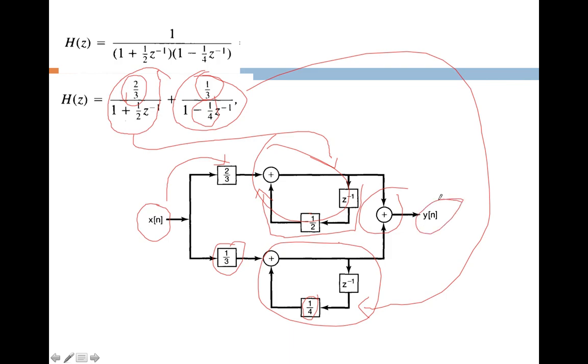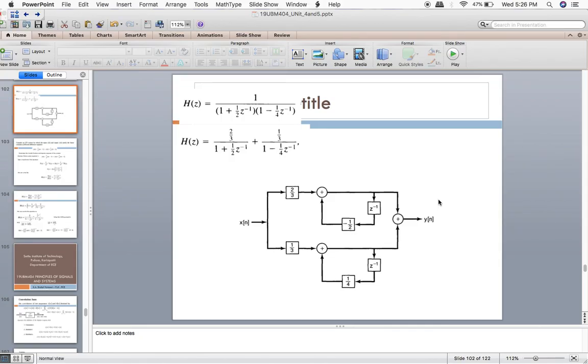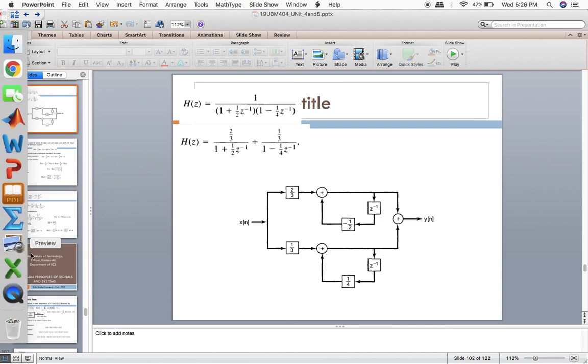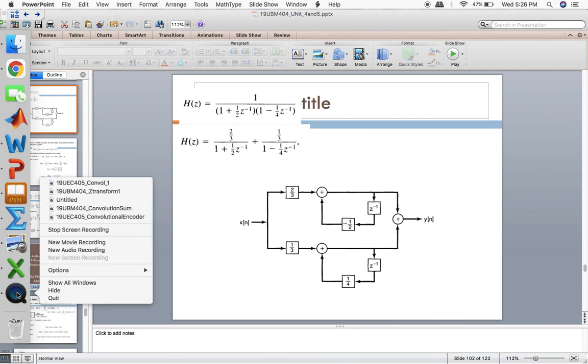So this is the block diagram representation of the discrete time system. With this, I am stopping my lecture, and we will meet on some other topic. Thank you very much.